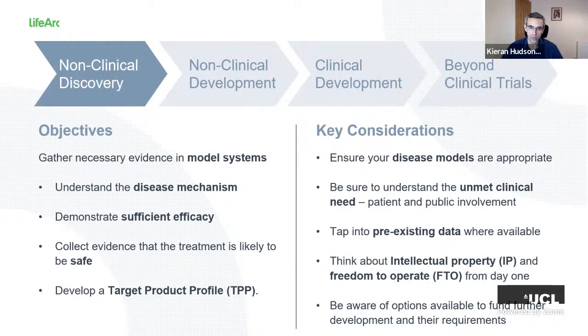Think about intellectual property and freedom to operate. So in advanced therapies, cell and gene therapy, it's very likely that you're going to be using proprietary tools, proprietary methods, perhaps manufacturing processes, and you need to make sure you have access to those for every stage of development.